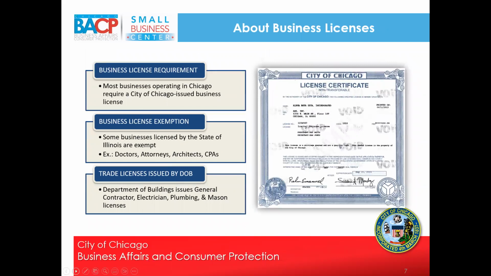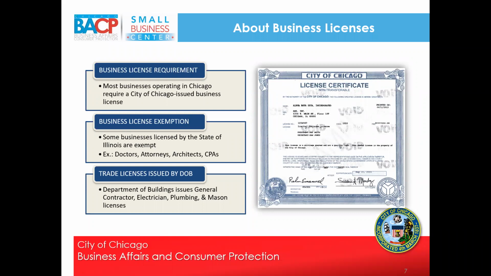So what are some of the business license requirements? Most businesses that operate here in the City of Chicago do require a City of Chicago issued business license. There are some exceptions, and some of these exceptions are anyone that's licensed with the Illinois Department of Professional Regulation. So what does that mean? A doctor's office does not require a City of Chicago business license. Attorney's offices do not require a business license.